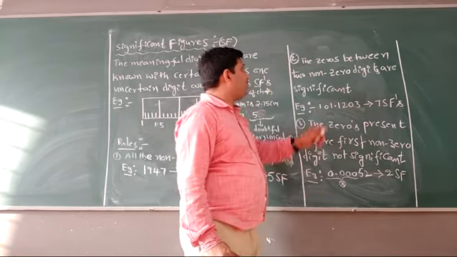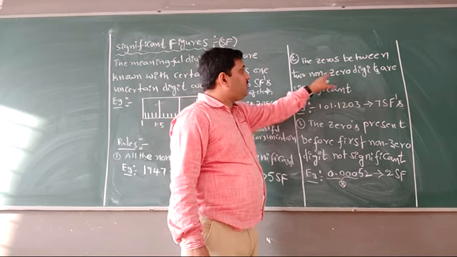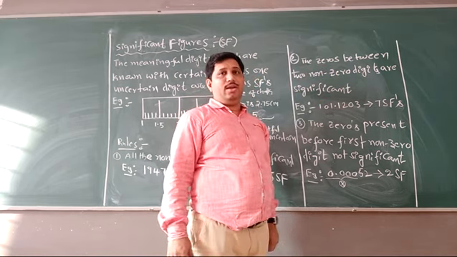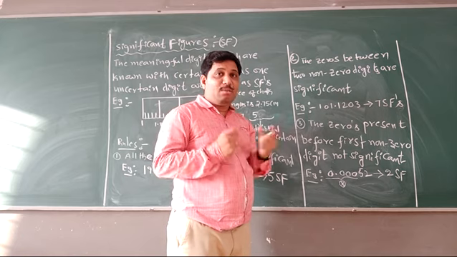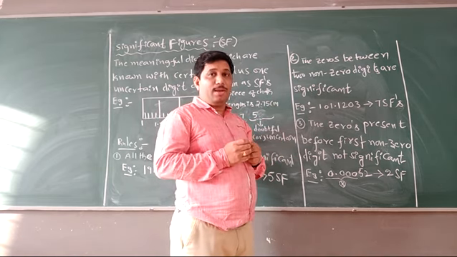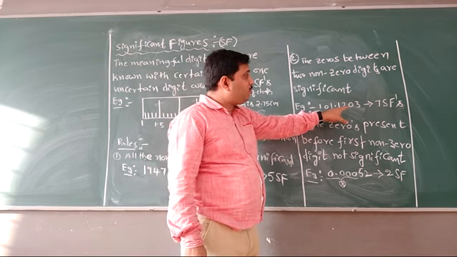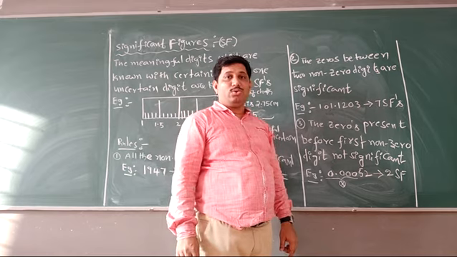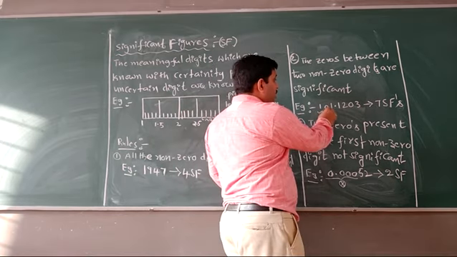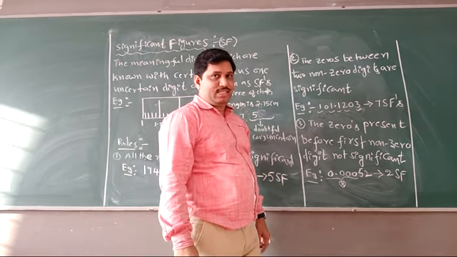Now come to the second rule, students. The zeros between two non-zero digits are significant. If zeros are present between two non-zero digits, they are always significant. Example, students, 101.1203. Here 1, 1, 1, 2, 3 are all non-zero digits other than 0.